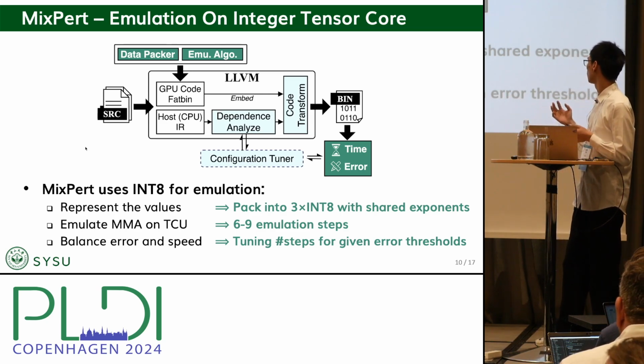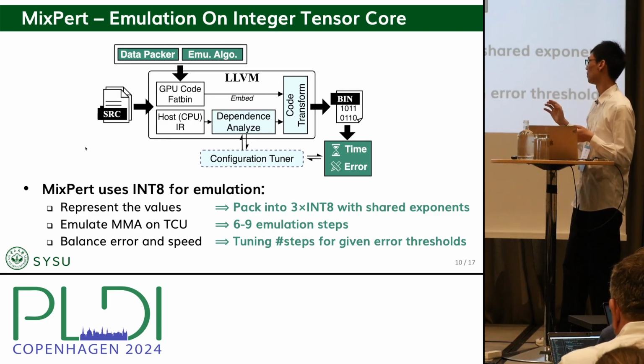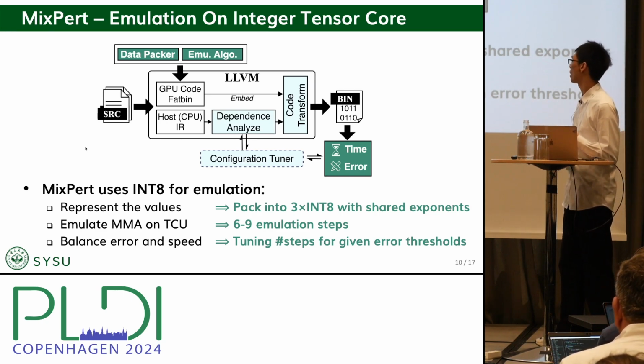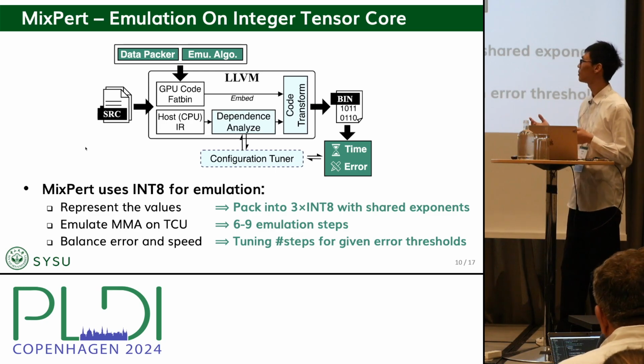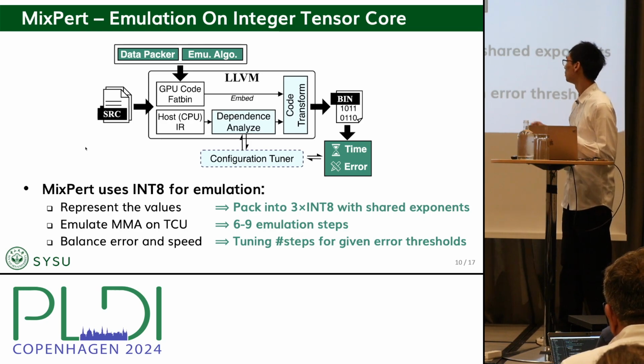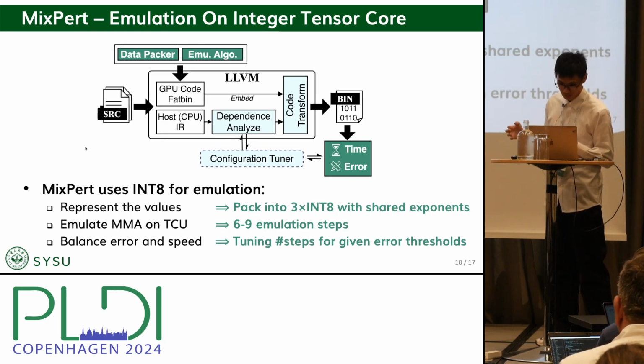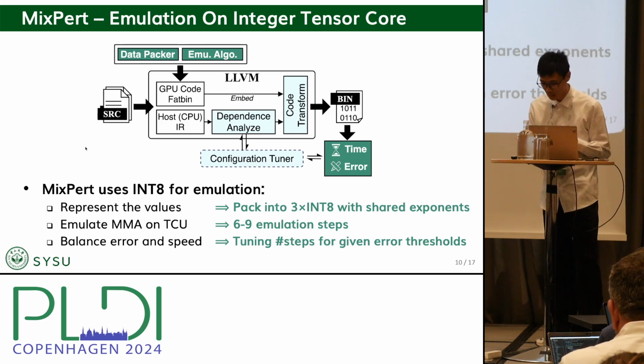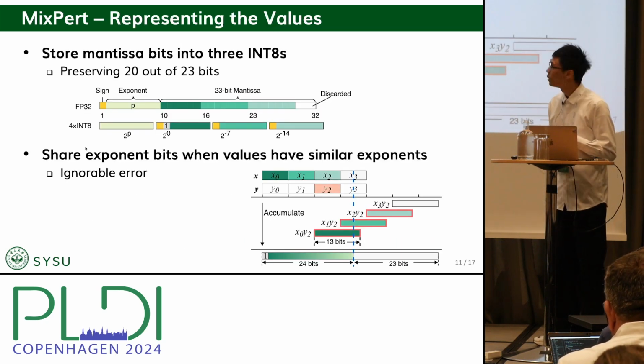So if the application's error threshold can tolerate larger errors, we may use fewer emulation steps, and we design a lightweight tuner to tune the number of emulation steps. So first is the representation.